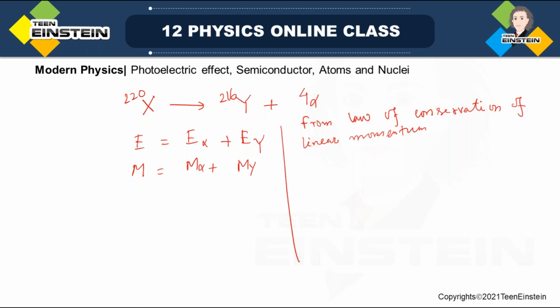If we find out the momentum of the alpha particle, then it will be easy to find the kinetic energy.